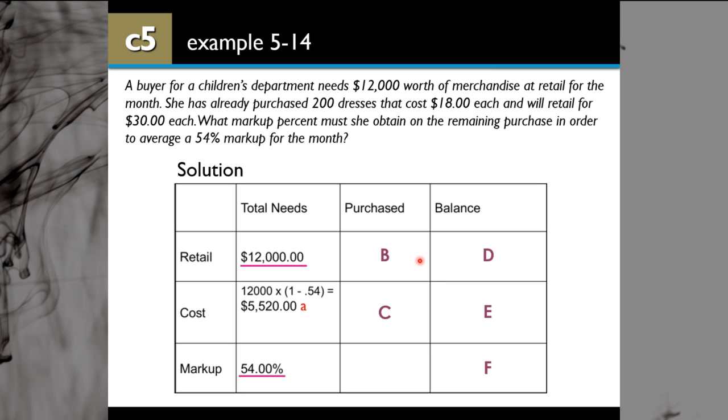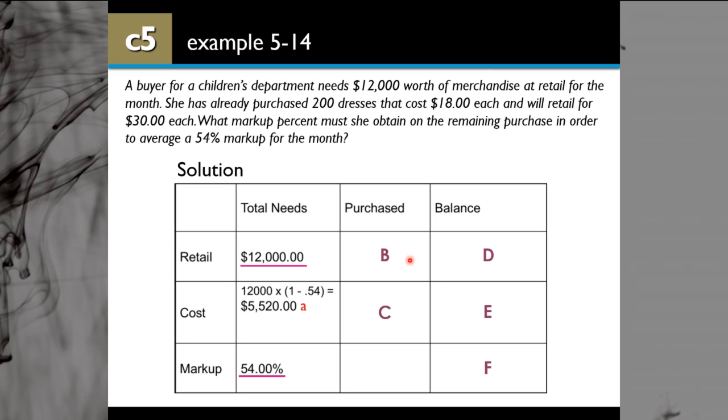And B, purchases. On the question, you can find this answer. It gave you the unit number and also cost and retail. It said she has already purchased 200 dresses. That means it's purchases. So 200 dresses at a cost of $18 that will retail for $30.